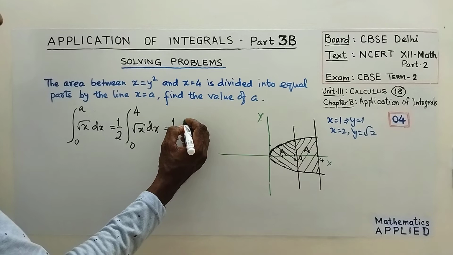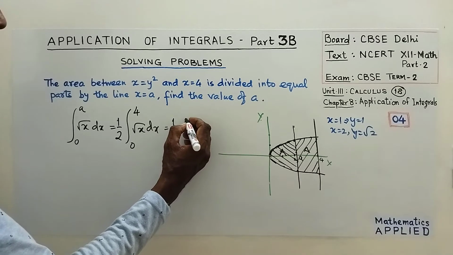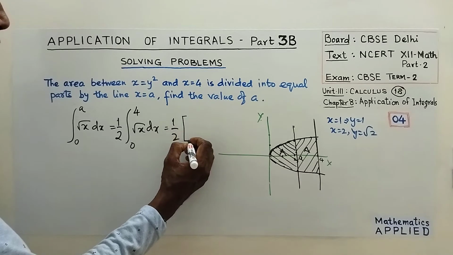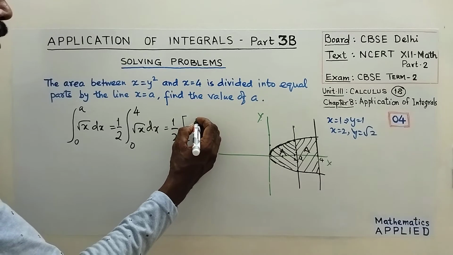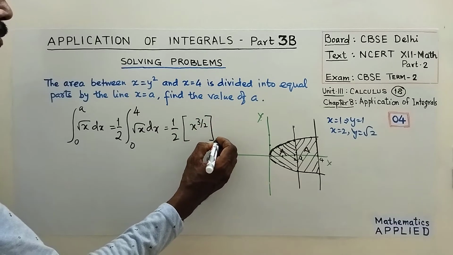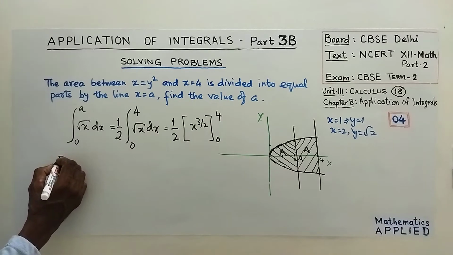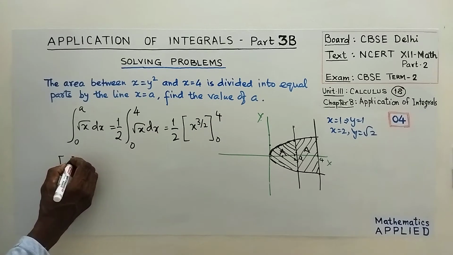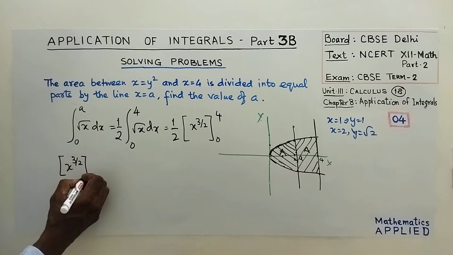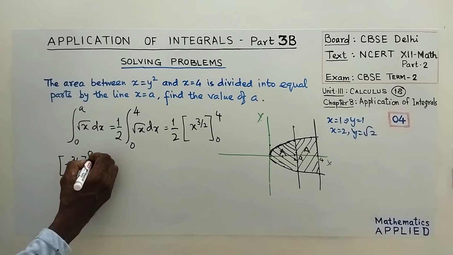So this is on the right side. You have root x, which means x power 3 by 2, from 0 to 4. On the left side you have the integral from 0 to a.